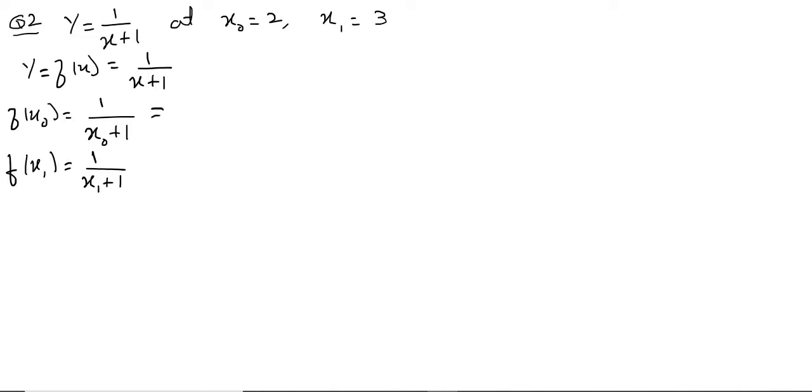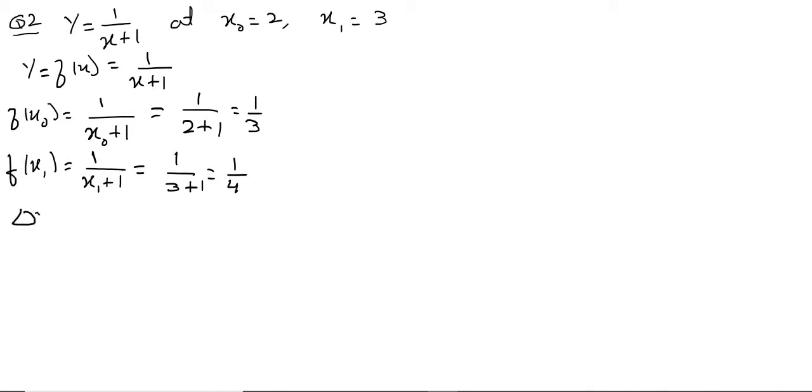So f of 2 is 1 over 2 plus 1, which is 1 over 3. We have directly put the value, and here f of 3 is 1 over 3 plus 1, which is 1 over 4.